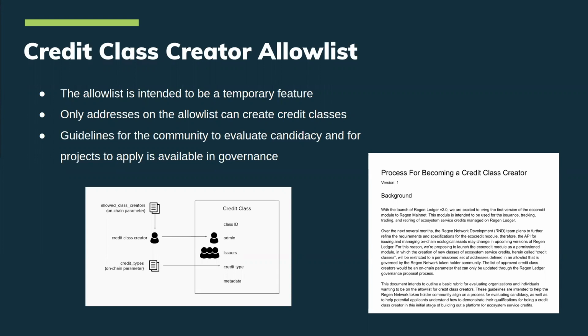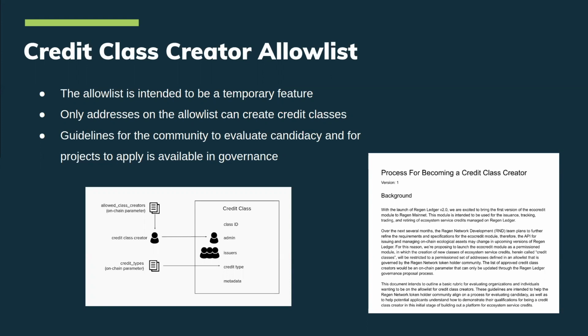And this includes information such that if you're an applicant interested in becoming a credit class creator, or if you're a community member wondering how you should properly vote upon or judge people that are applying, then this document provides some more information. The main key points here are we want people that are actively engaged in the design and development of ecosystem service credits.